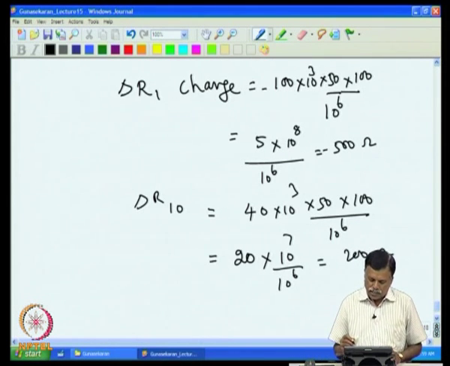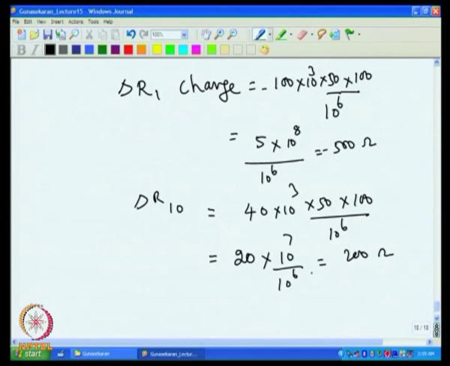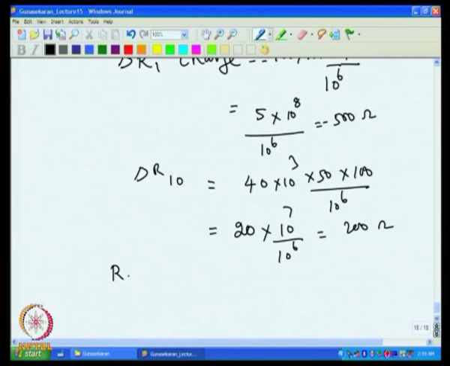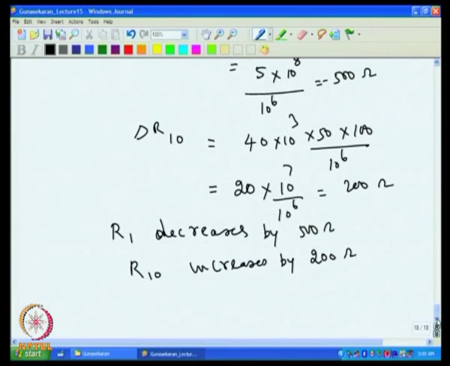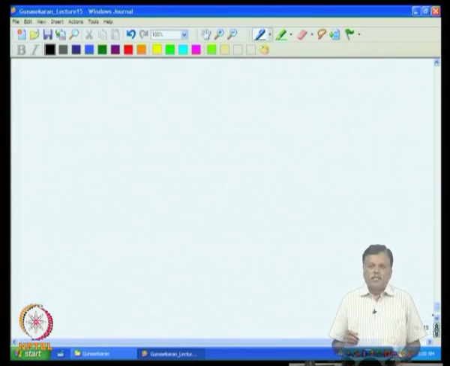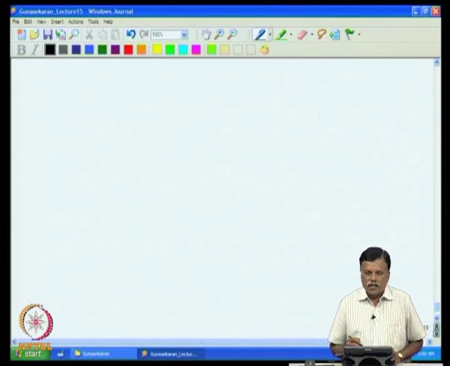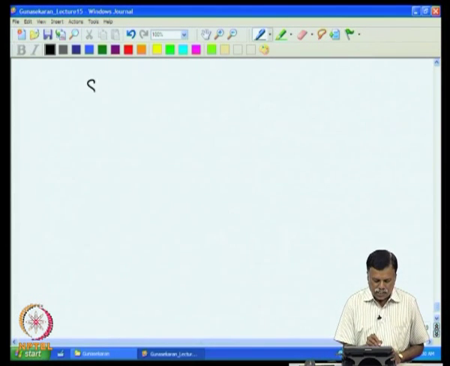So, in a nutshell, R1 will decrease by 500 ohms, and R10 increases by 200 ohms. If that is the case, what is the regulated voltage change? So, change in regulated voltage.